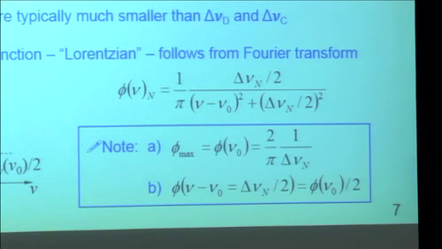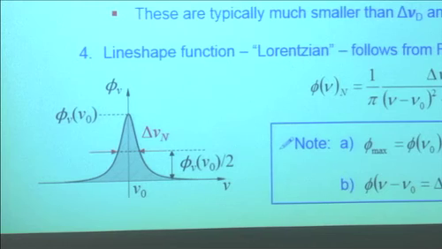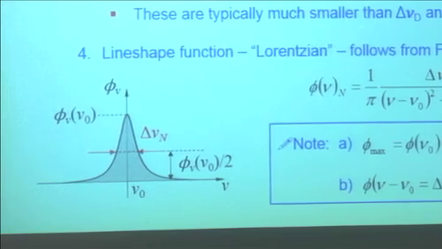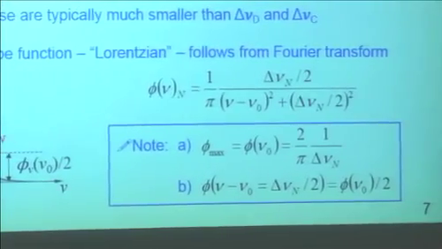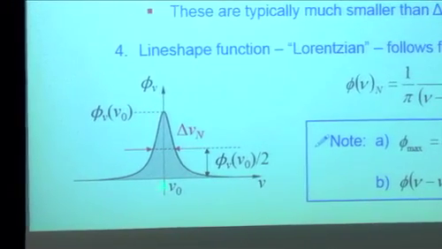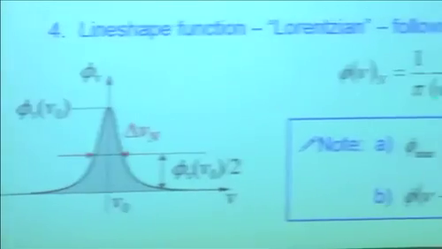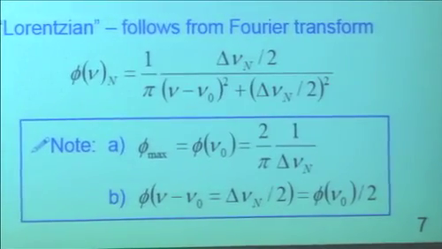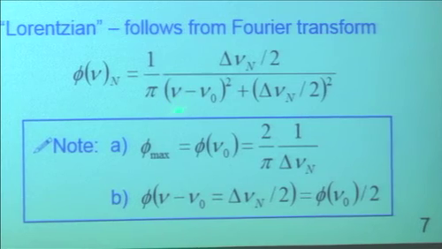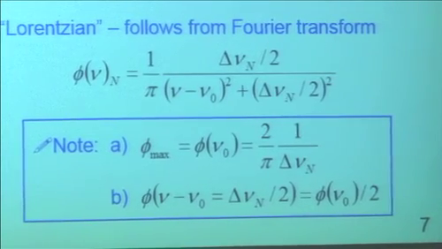So that's the behavior of this function. The area is 1. Here's the width, delta nu n, the full width at half maximum. And you can switch units if you want to. So basically, this tells you how phi varies with frequency difference, the distance from nu 0. It goes like 1 over the distance squared, whereas the Gaussian is going to fall off with an exponential form.